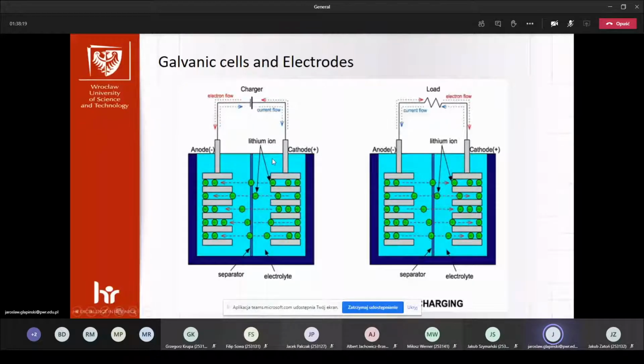The most important thing is to move the lithium ion from one point to another by the separator. Of course, this is just the liquid separator, and the ions can go through this separator. So in the process of charging, they are moved to the anode, and in the process of discharging, the lithium ions move to the cathode.